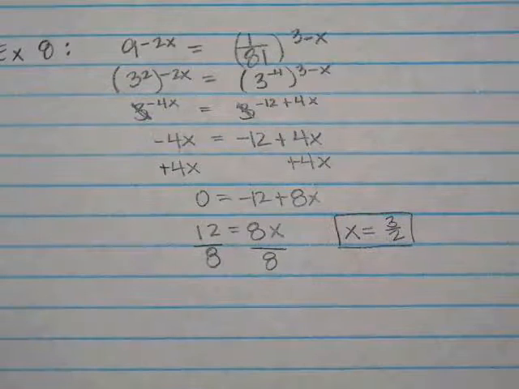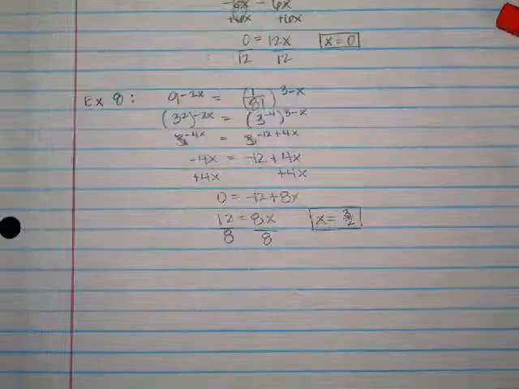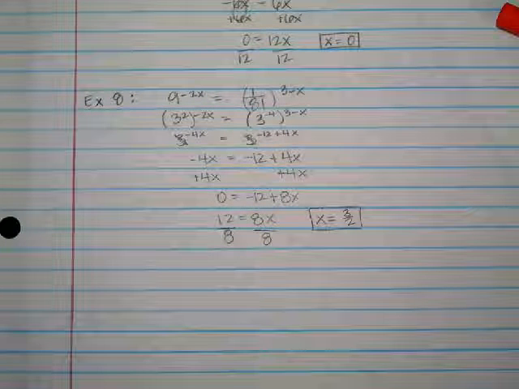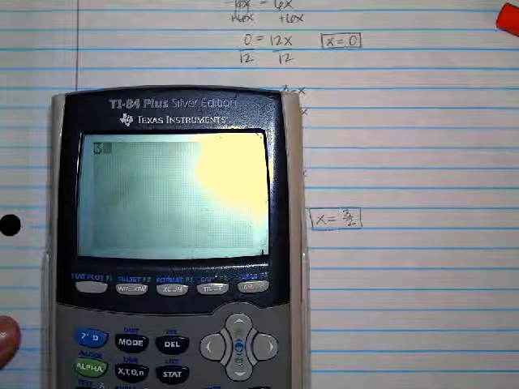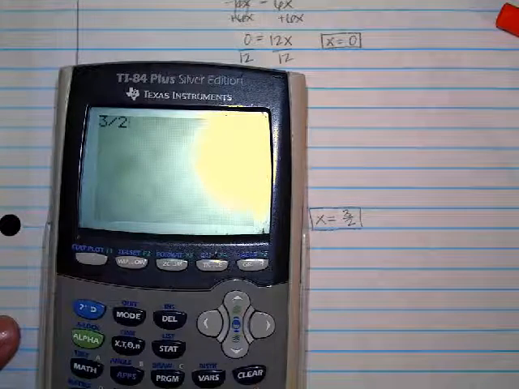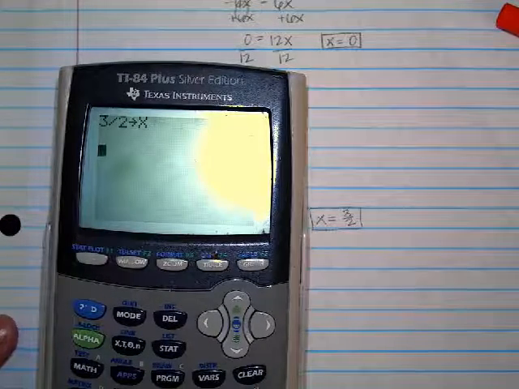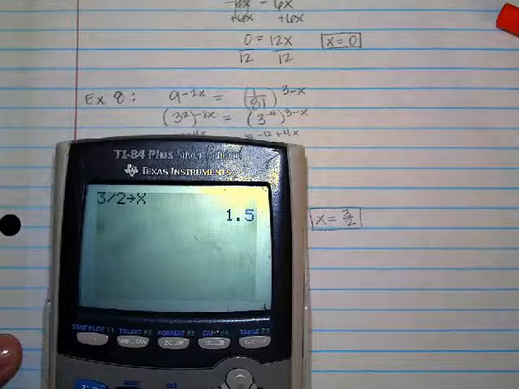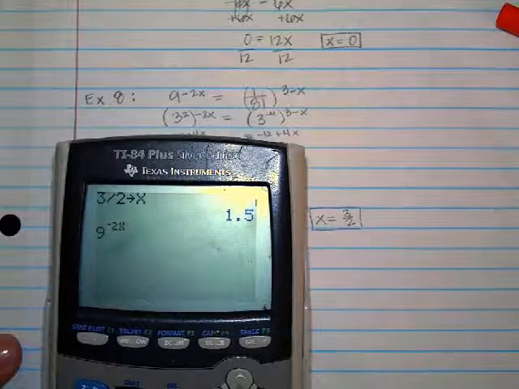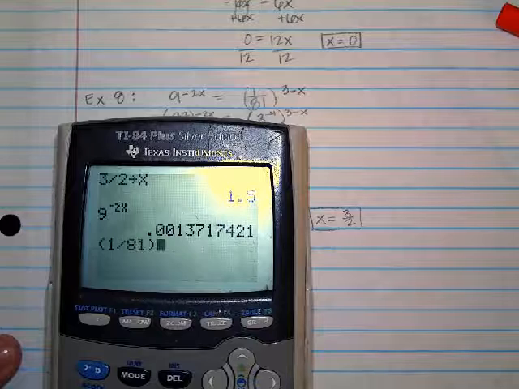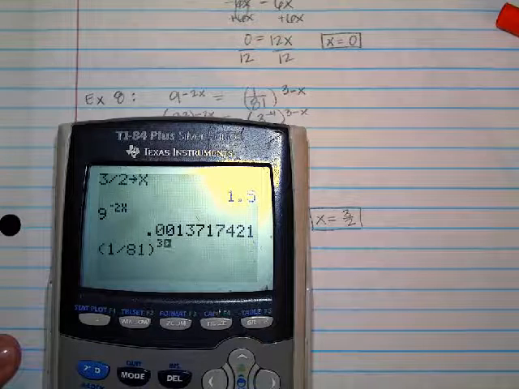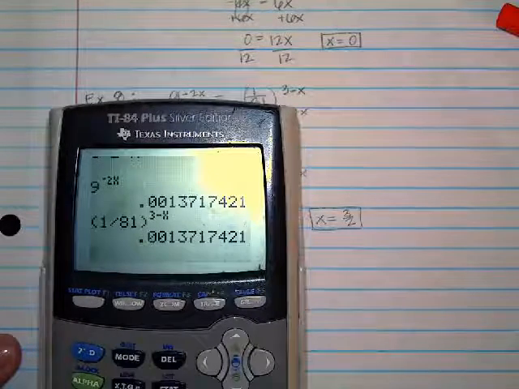What about Richly? Oh. So I'm going to do 3 over 2. I'm going to store that as x. And then 9 to the negative 2x is that funky decimal. And then 1 over 81 to the 3 minus x is the same funky decimal.